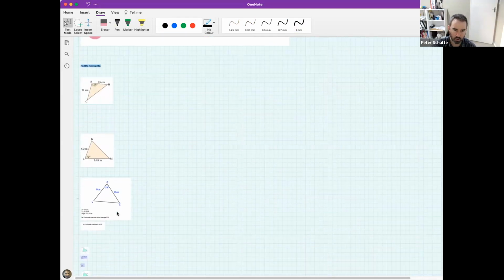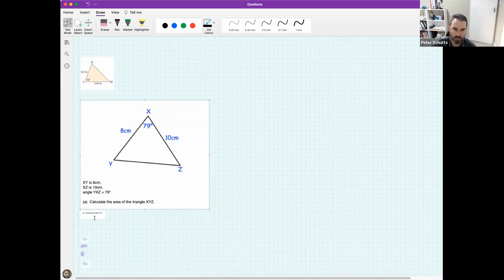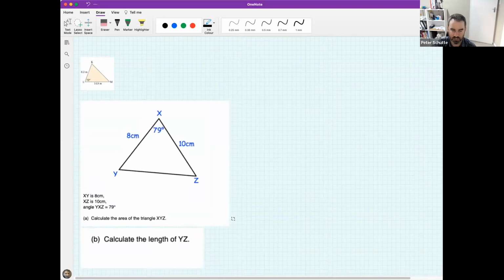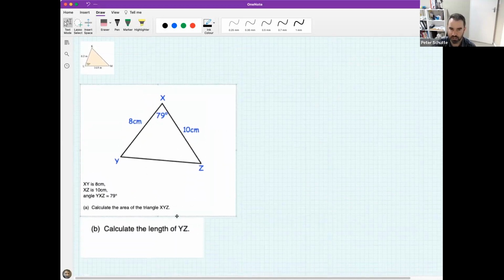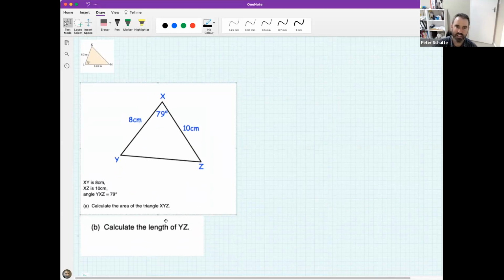Okay, well, let's see if I can find something. Let's do a combo question. You have to find me two things now. We're going back to the previous lesson a little bit. You have to find me the length of YZ, which is this, but you also need to find me the area of this triangle.